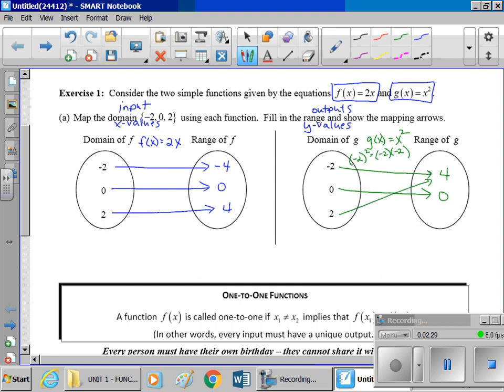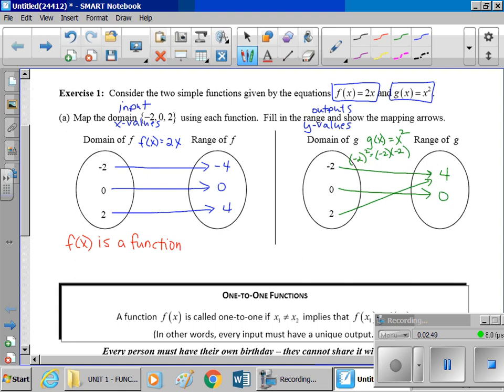If we take a look at these two examples, we can see how in A, with f of x, we can determine that this is a function, because that's the first thing we need to determine. It's not just called one-to-one, it's called a one-to-one function.